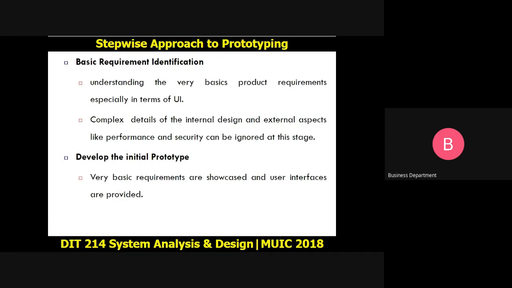That initial prototype can become the final system once the user is satisfied that that is how they want the system to look. Or you can decide that we are going to discard it, and once we discard the prototype, we shall create a system based on the prototype that the user agreed upon.